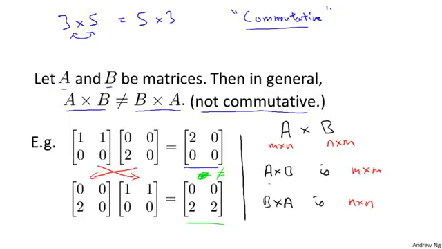So the dimensions don't even match. So A times B and B times A may not even be the same dimension. In the example on the left, I had all 2 by 2 matrices, so the dimensions were the same, but in general, reversing the order of the matrices can even change the dimension of the outcome. So matrix multiplication is not commutative.